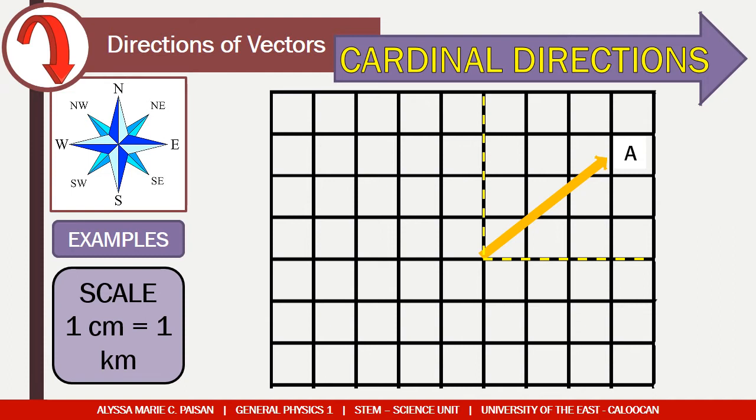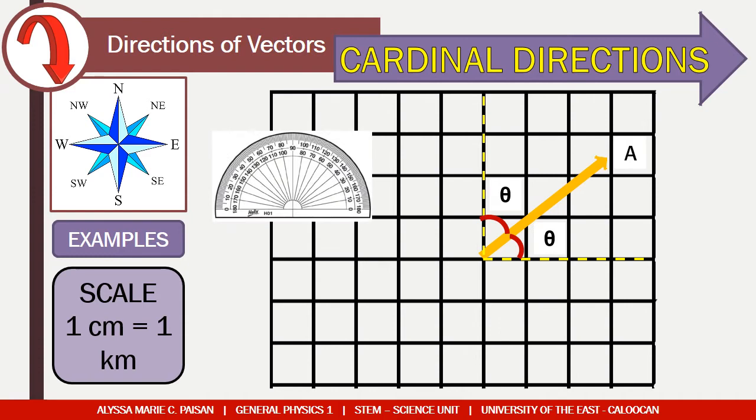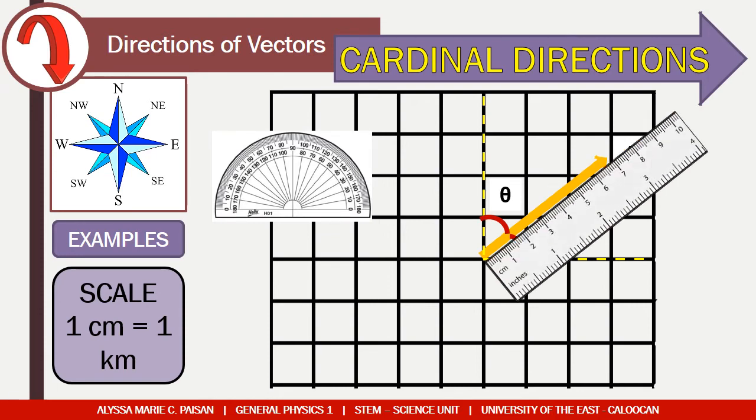So basically, alam mo na agad that this direction must be northeast if these two angles are equal to 45 degrees. Okay, so let's assume that using a virtual protractor, those two angles are 45 degrees. If that's the case, we can write vector A by getting its magnitude first.